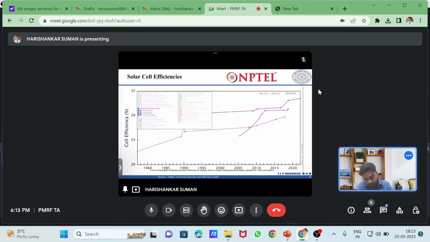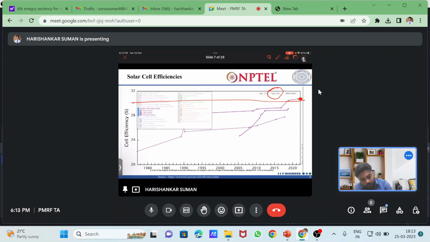Single junction. The X-axis is the year, from 1980, 1985 till February 2022. This is the efficiency. We can check here, around 30 percent efficiency.